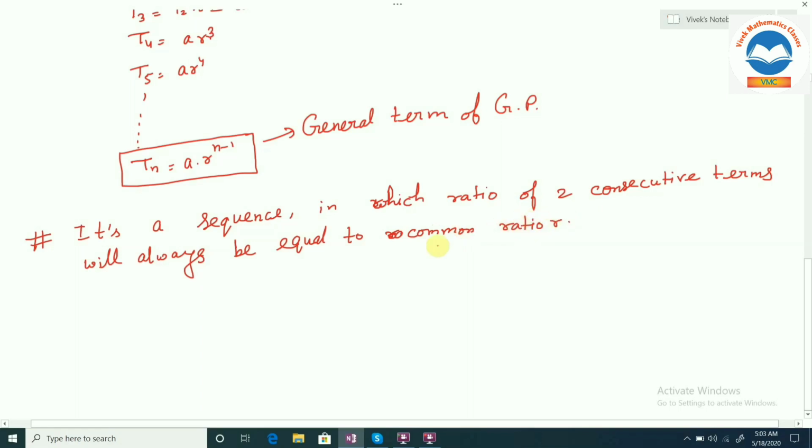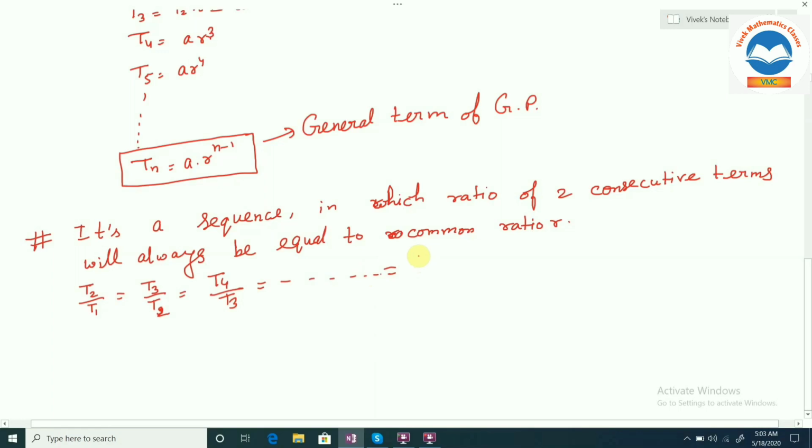So what can we write? We can write T2 divided by T1, the ratio of T2 and T1, will be equal to T3 divided by T2, and this will be equal to T4 divided by T3, and so on it will go on. At last, what can we write?